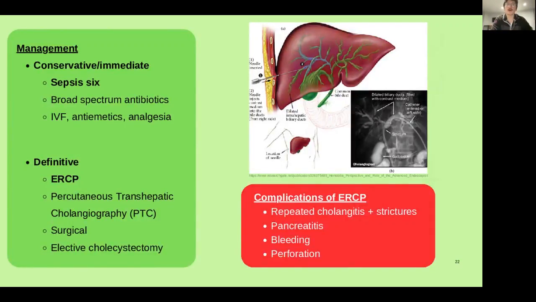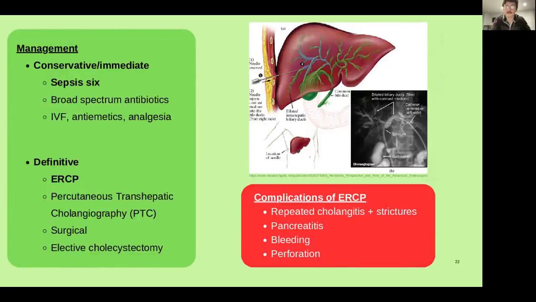And the reason why ERCP is the definitive management is because you need to relieve that obstruction. That's what's causing the picture here, the obstruction in the bile duct. So yeah, that's why. But it's not risk-free. ERCP is associated with a number of pretty serious complications.